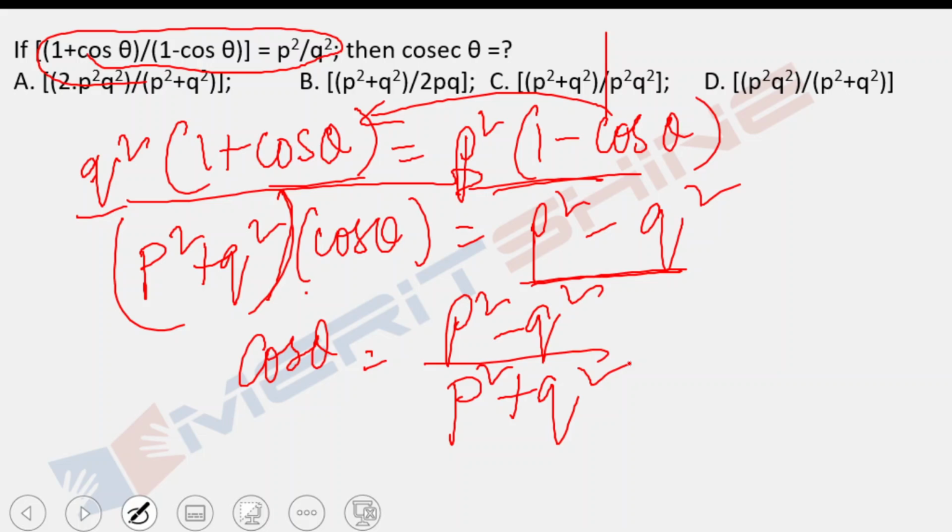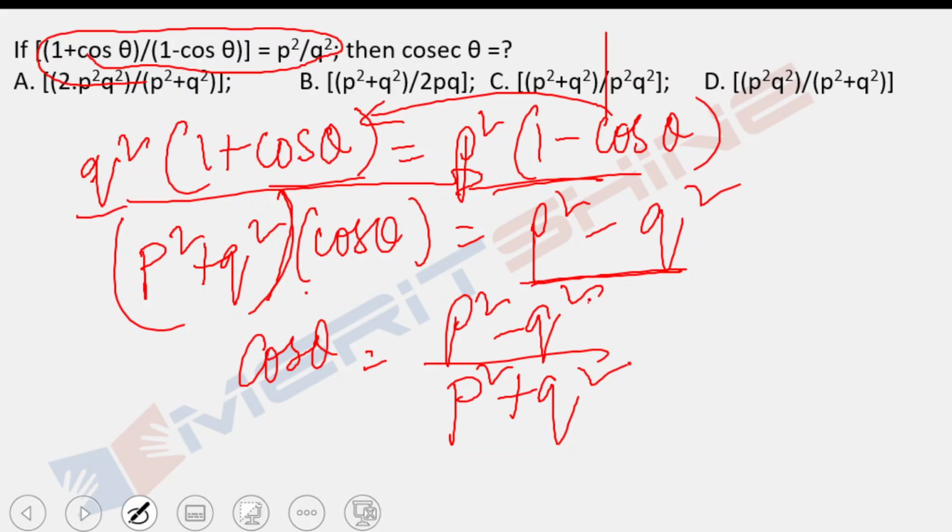Why? Because we know from the basics of trigonometry that height square plus base square is equal to hypotenuse square. Therefore, sin square theta plus cos square theta is equal to 1. Hence, if I have cos theta, I will also have cos square theta, and I can find sin square theta by doing 1 minus cos square theta, and that is what we are going to do here.